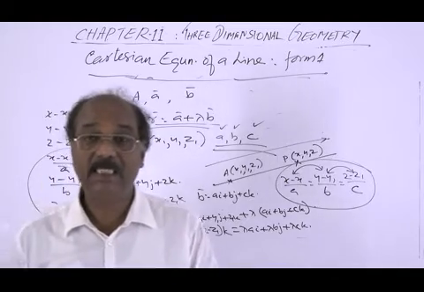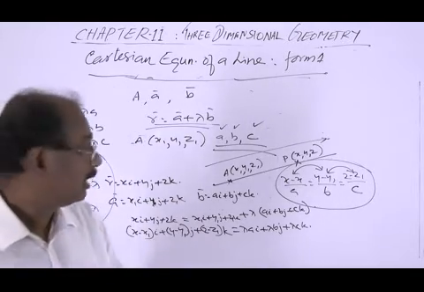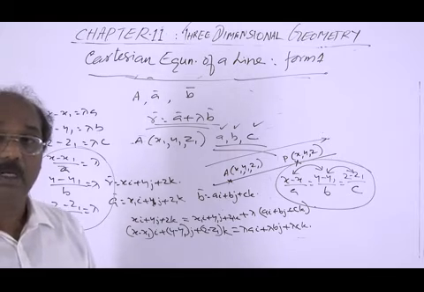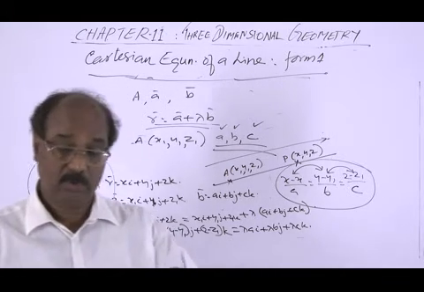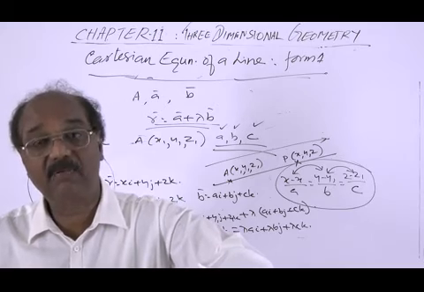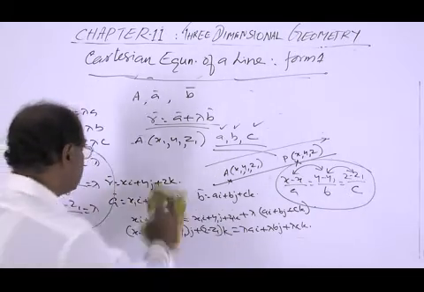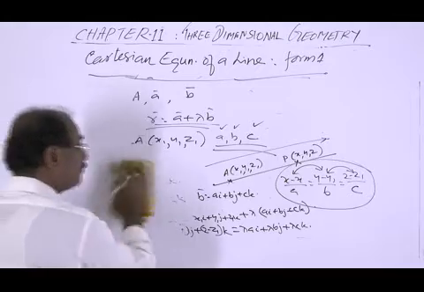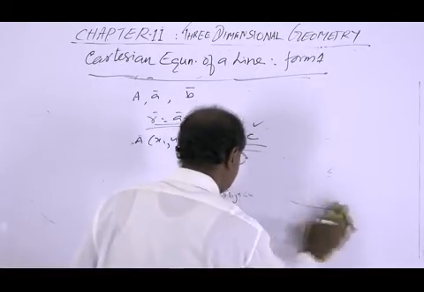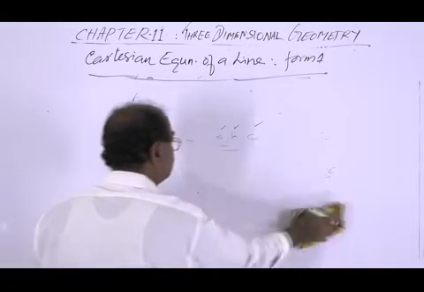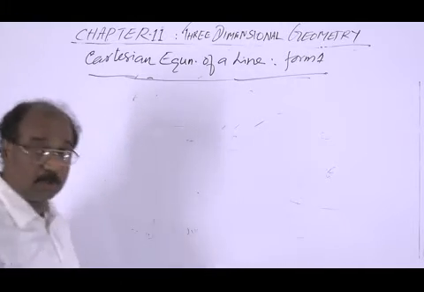Okay. So this is the equation directly applying to this vector equation. And now suppose we want to derive the equation without using the vector equation, directly. Then it's very simple. The equation of the line passing through a point and parallel to a vector or parallel to a line.